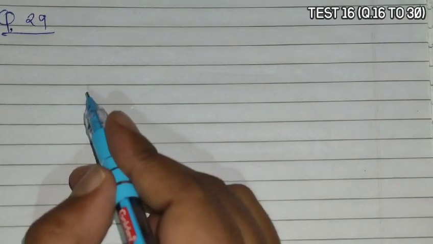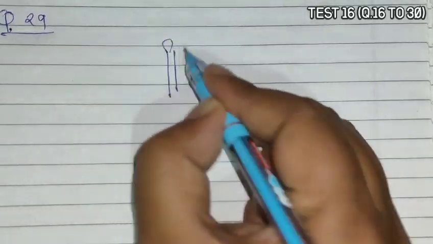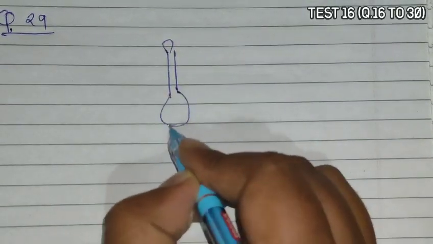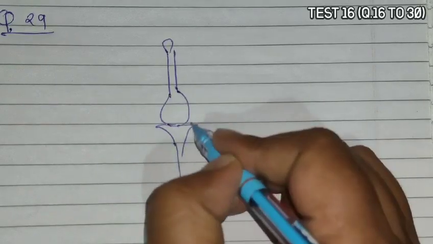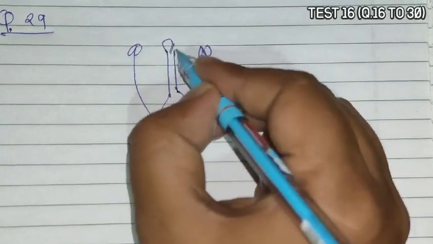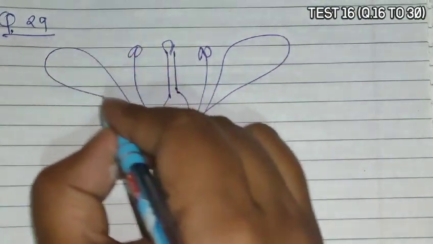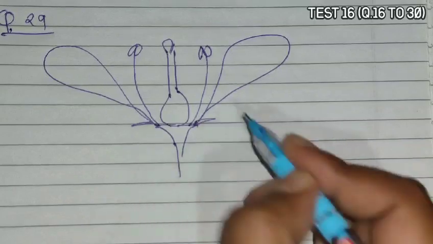Question 29 asks about the transfer of pollen grains from the stamen to the stigma of the same flower. Suppose this is the same flower, they have a stamen, they have a carpel, petals are also there, and they have sepals as well.